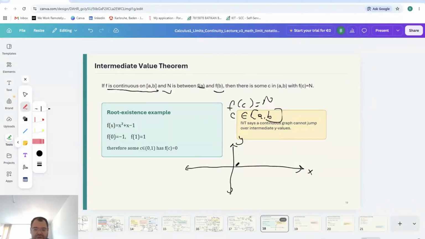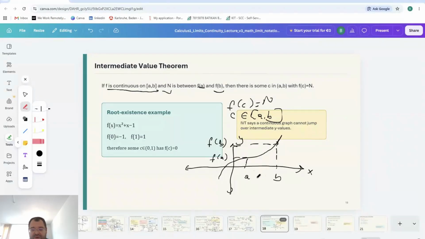If f is continuous on a and b, continuity means you must draw the function without moving your hand, without moving your pen to another side directly. You must continuously draw that function, and you have, for example, a here, b here, f(a), and f(b). This function is continuous.